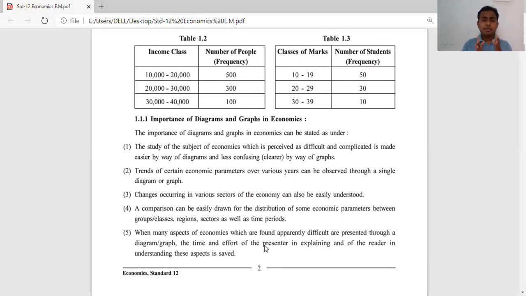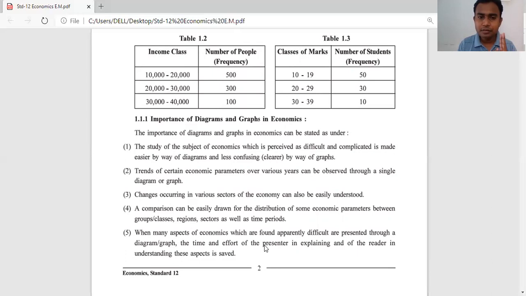Information which is very important for people to understand, if we present it through graphs and diagrams, then the presenter's effort and time is saved, because just by seeing the graph and diagram, people can easily understand. So the time of the presenter and the reader is saved.